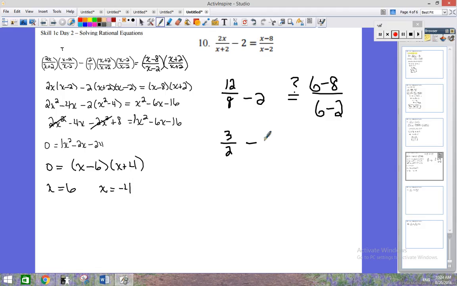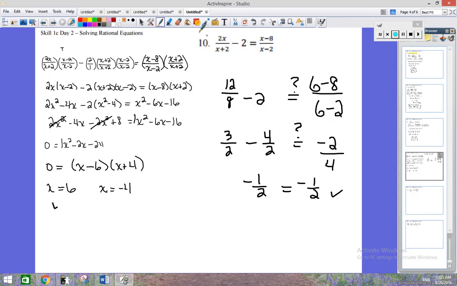Now, if I write that 2, 4 over 2, this reduces to negative 1/2. Is the right-hand side also going to reduce to negative 1/2? 6 minus 8 is a negative 2, 6 minus 2 is a positive 4, and that reduces to negative 1/2. So this 6 checks.